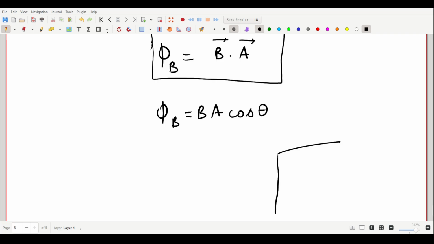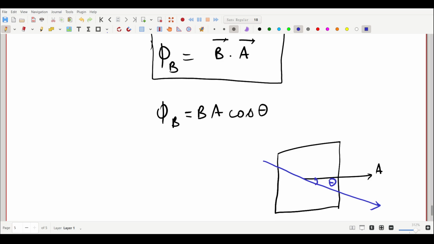This is the surface I am having, of area A. The area vector is like this, but the field lines are not perpendicular. They are making an angle with the area vector. They don't seem perpendicular. They are making a theta angle, for example.